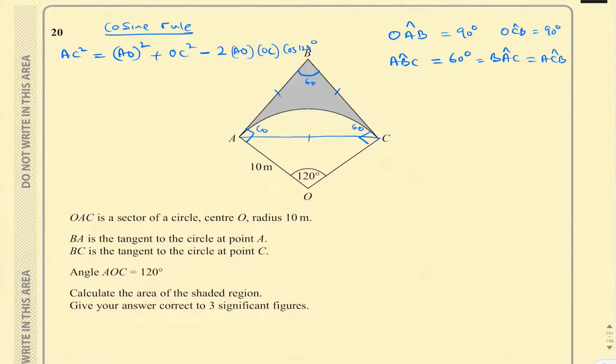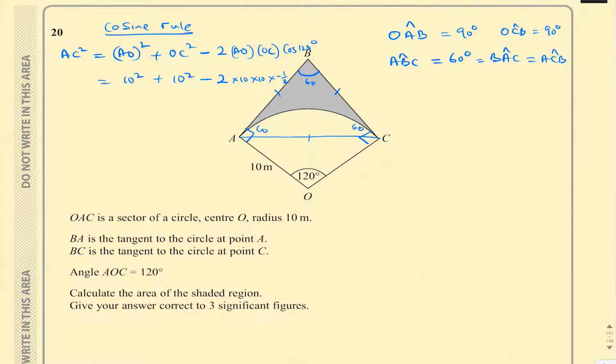Now, I know what OA is. OA is 10, so that will be equal to 10 squared plus 10 squared minus 2 times 10 times 10 times minus a half. Cos 120 is minus a half.